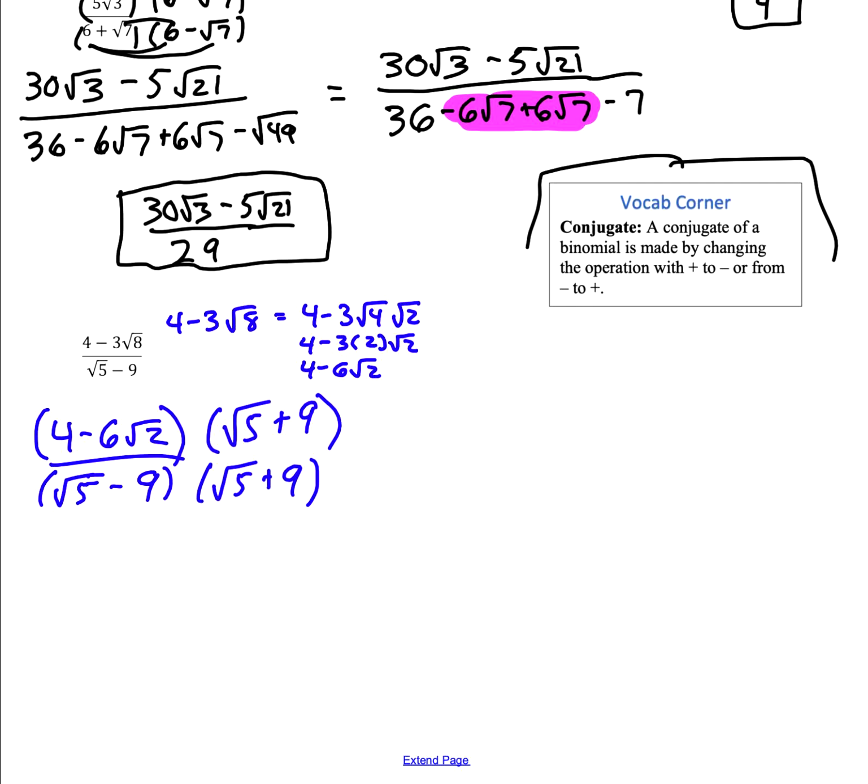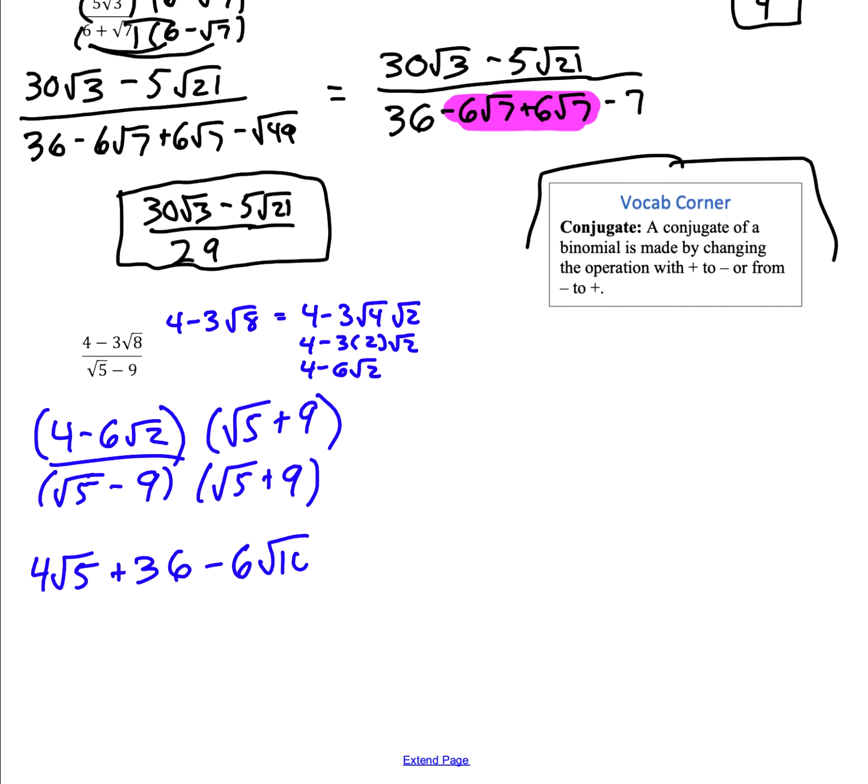In the numerator, I got 4 times radical 5, which is just 4 radical 5. Can't do anything there. 4 times 9 is plus 36. Negative 6 radical 2 times radical 5 would be minus 6 radical 10.